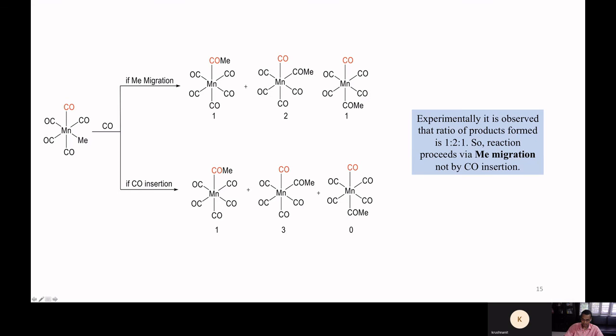So these two complexes are different. Clear? Now another position could be this methyl migrating onto this CO, right? So that's how you get this compound in another equivalent. So if methyl is migrating, you are going to get a 1:2:1 ratio of these complexes. Three different complex formations in 1:2:1 ratio. It is feasible.